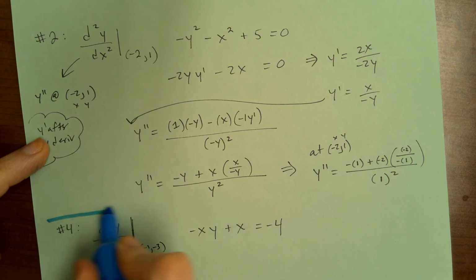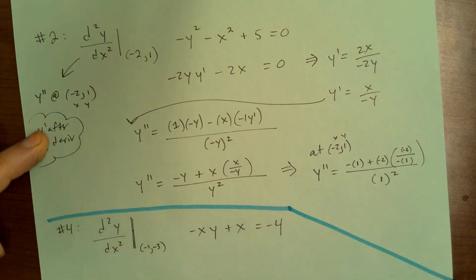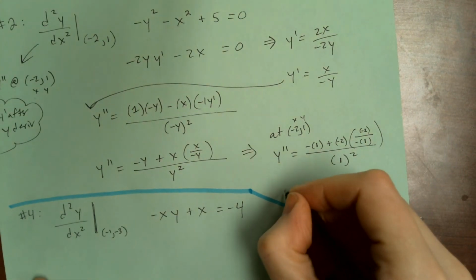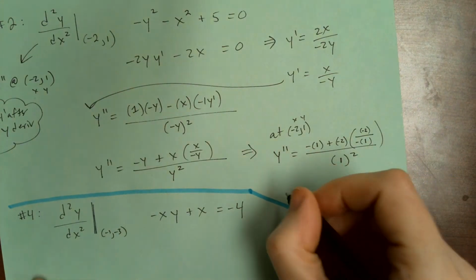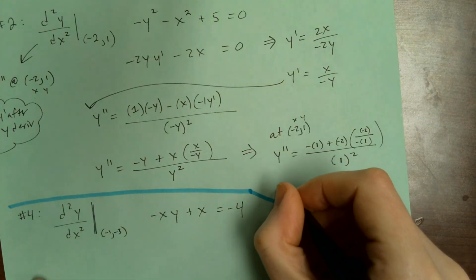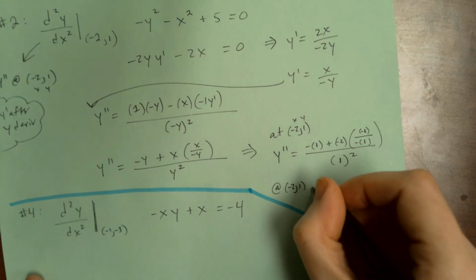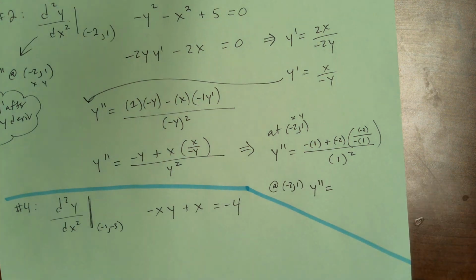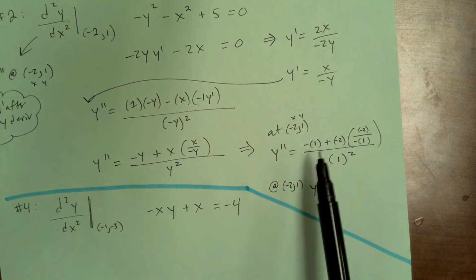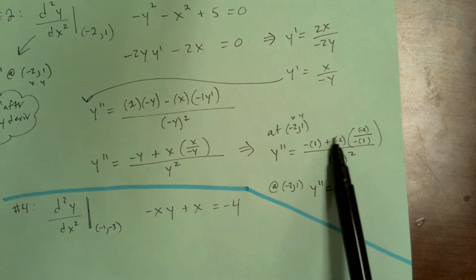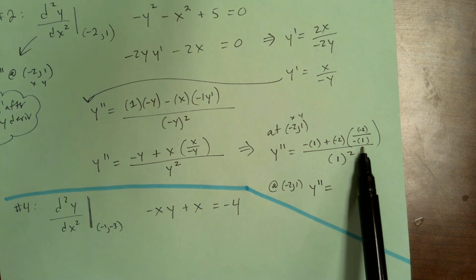So we get that at negative 2, 1, y double prime equals, all right, that's negative 1. What does this end up being? This ends up being 4, right?